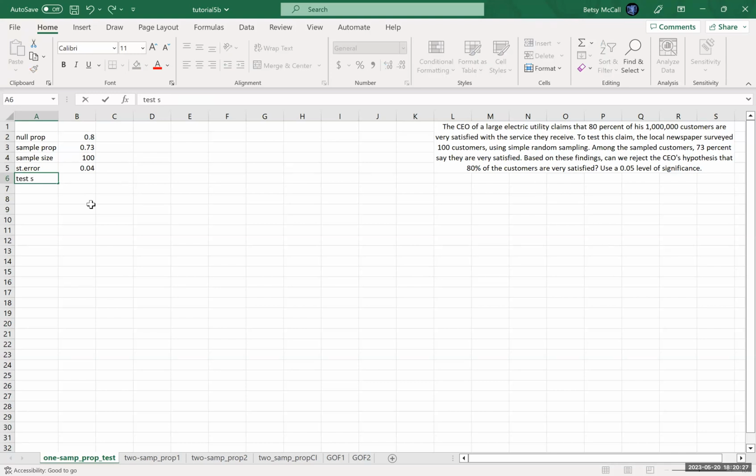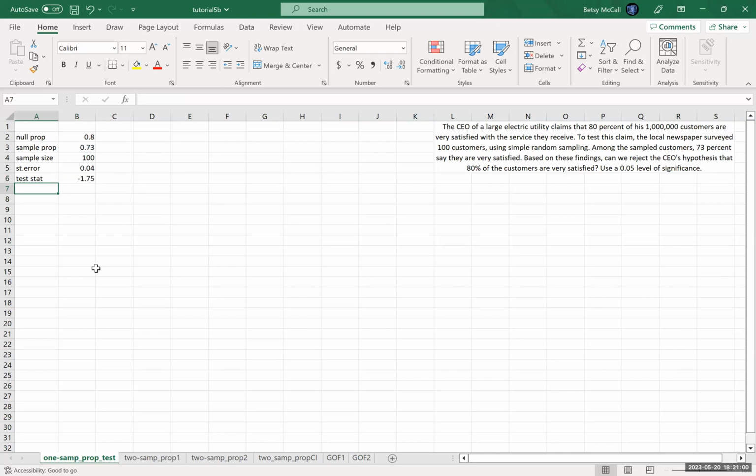And then my test statistic is my z-score. That's going to be the difference between my sample and my null hypothesis divided by the standard error that I calculated. It's the difference in the mean and the observation divided by the standard deviation, so it's the same z-score that we've been seeing all this time.